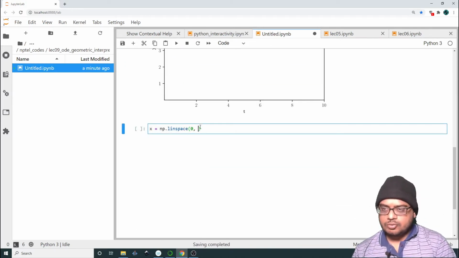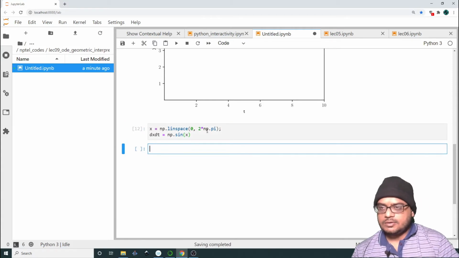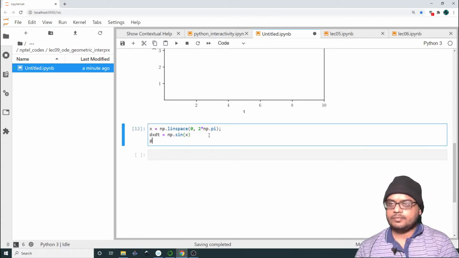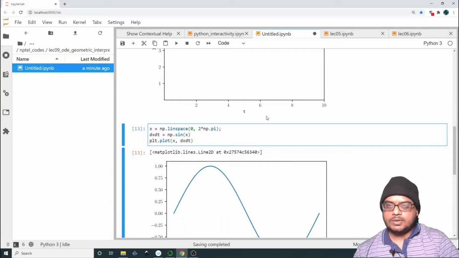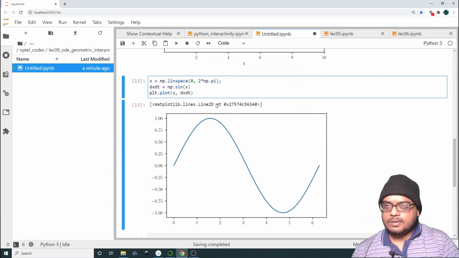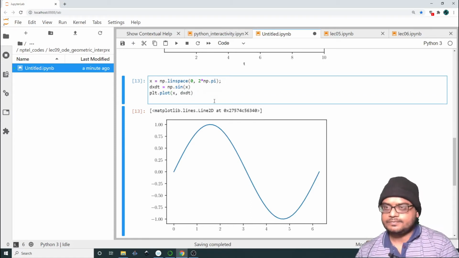So 0 to 2 times np.pi, and dx/dt is sin x. Let me plot it. Okay, let me plot a horizontal line as well.